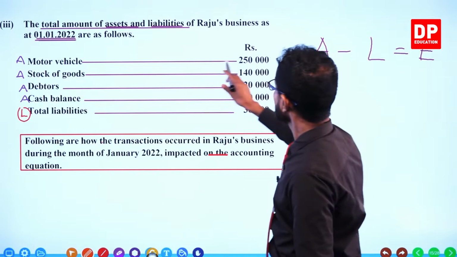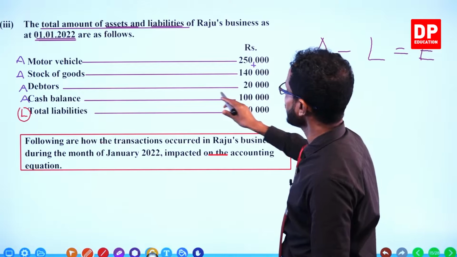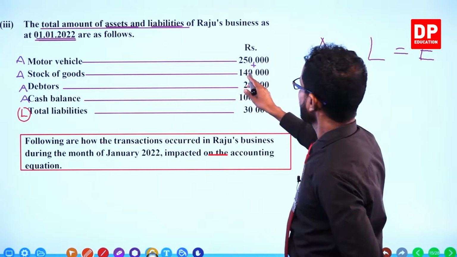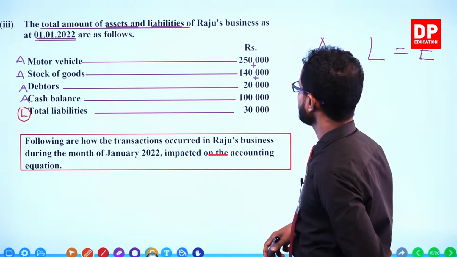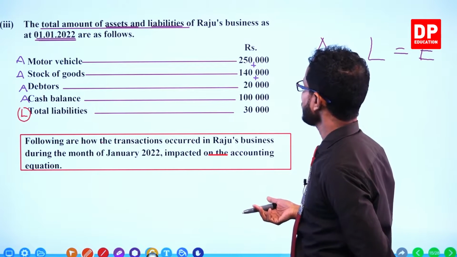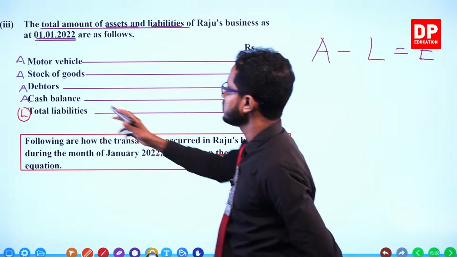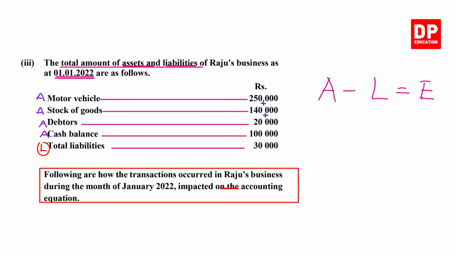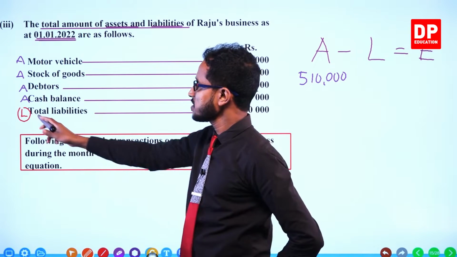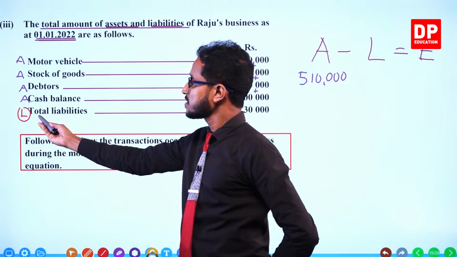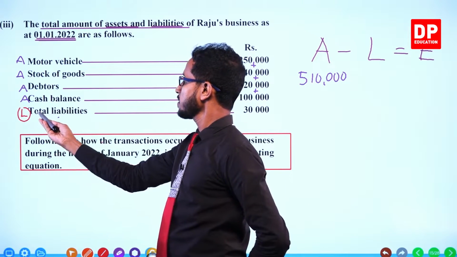Motor vehicle asset 250,000 plus stock 140. That becomes 250, 350, 390 plus 20. 390, 410 plus 100,000, 510,000. 510,000 minus the total liabilities.